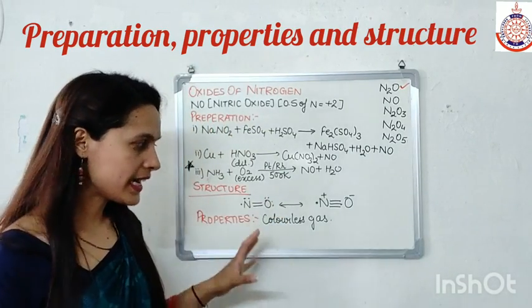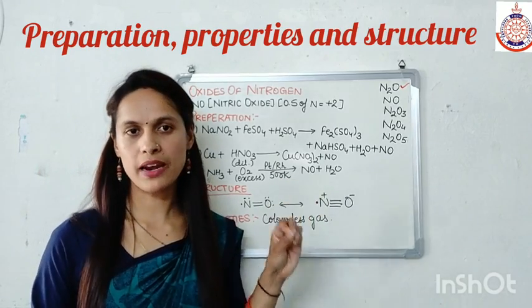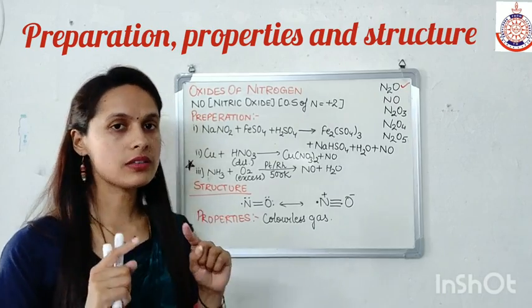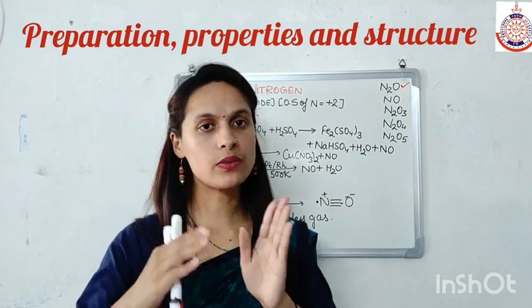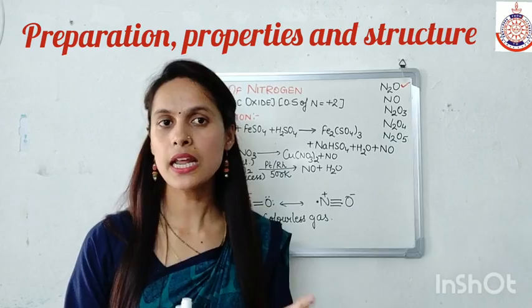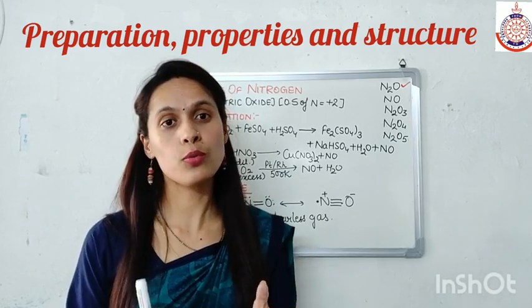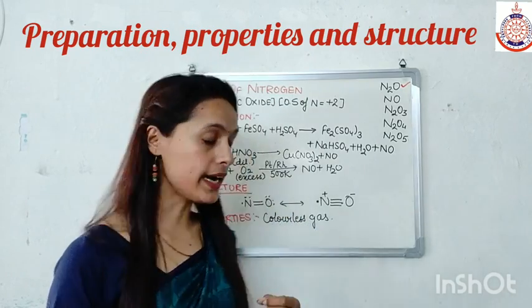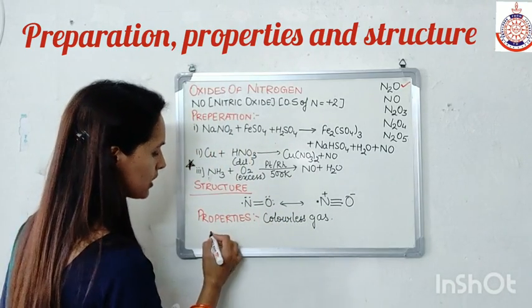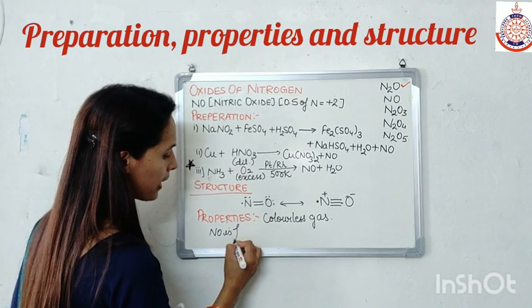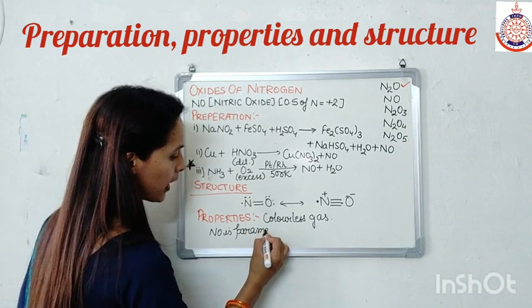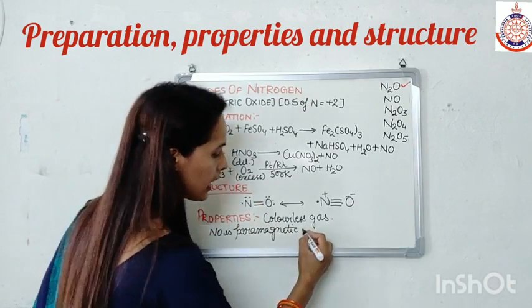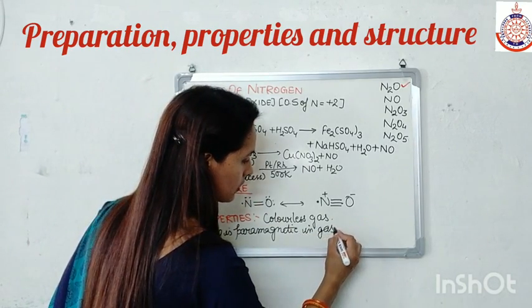Clear? So we write here that NO is paramagnetic in the gaseous state. This we have to mention, because when we convert it into solid and liquid state, it no more remains paramagnetic, it becomes diamagnetic. So we have to mention that NO is paramagnetic due to the presence of unpaired electron in the gaseous state.